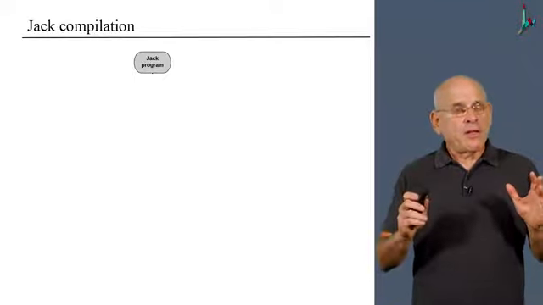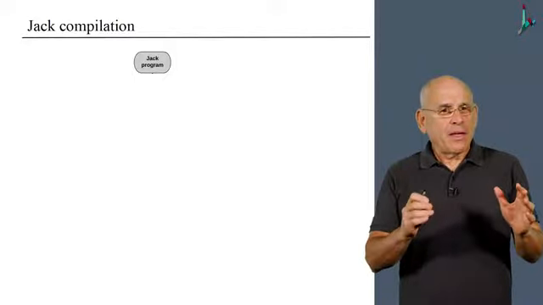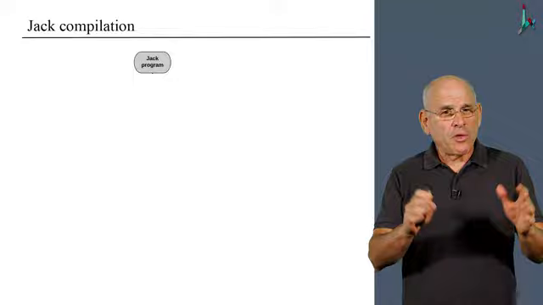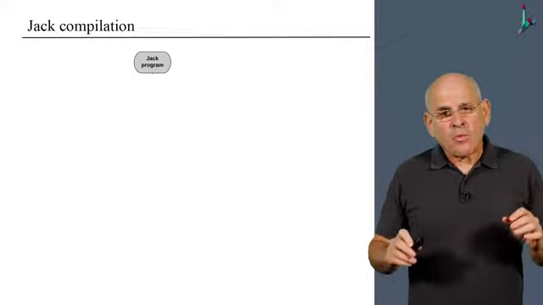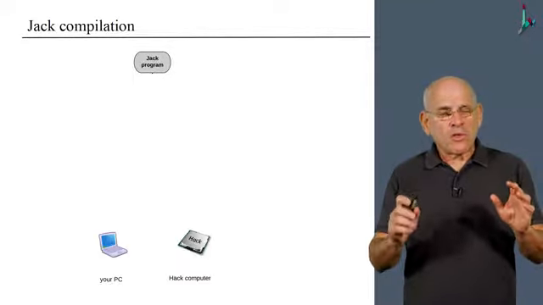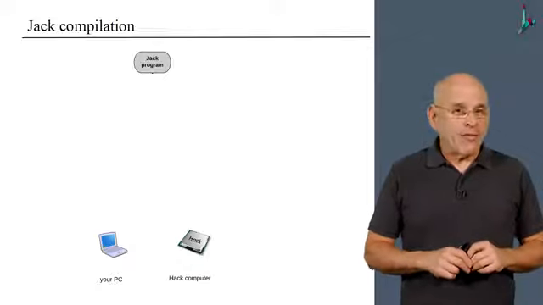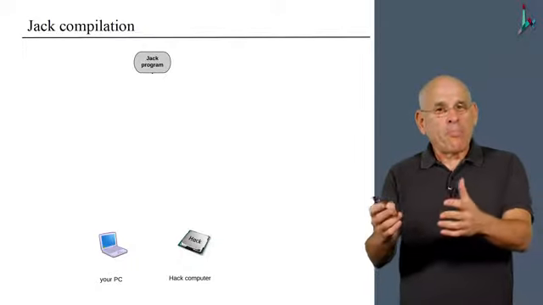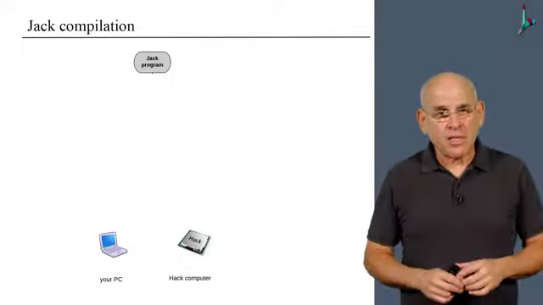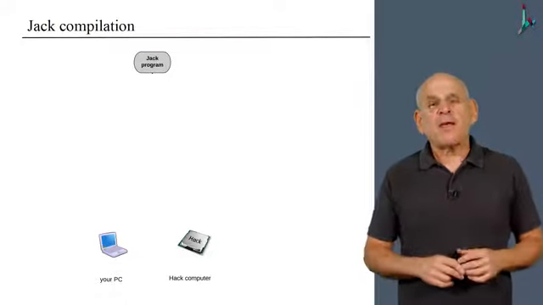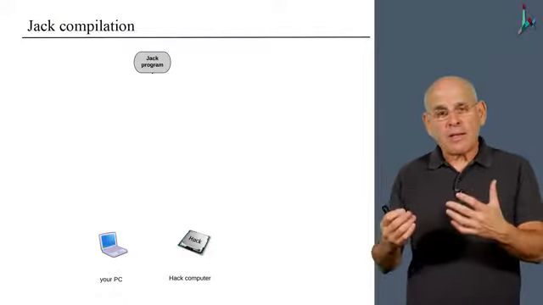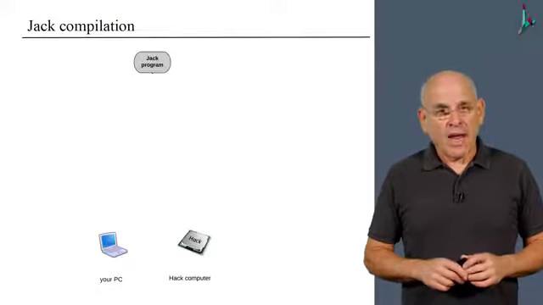So how do we do it in Jack? Well, Jack is a Java-like language, which we use in this course. And we are going to execute Jack programs on two different platforms. One platform will be your own PC, whatever PC you're using, and the other platform is going to be the hack hardware that we built in part 1 of nand2tetris.